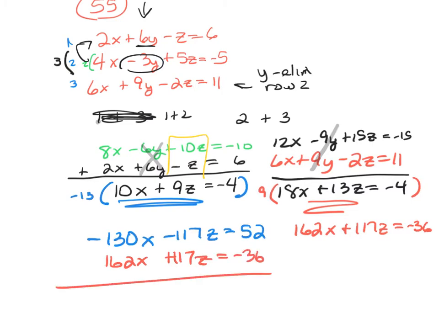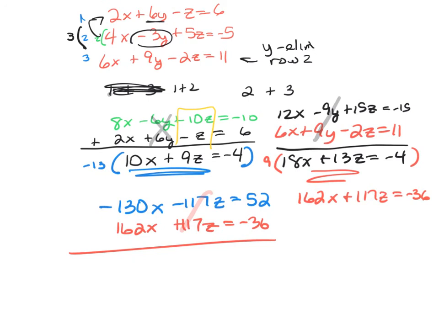Notice the z's cancel. So 162 minus 130 is 32x, and then 52 minus 36 is 16. Divide by 32, and this simplifies to x equals 1/2.